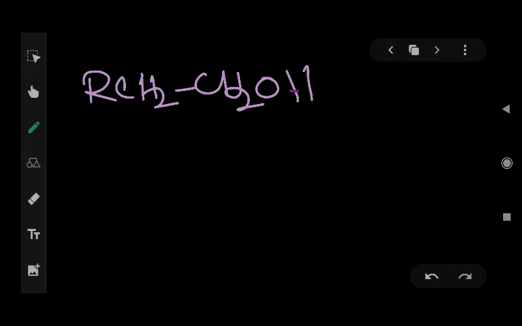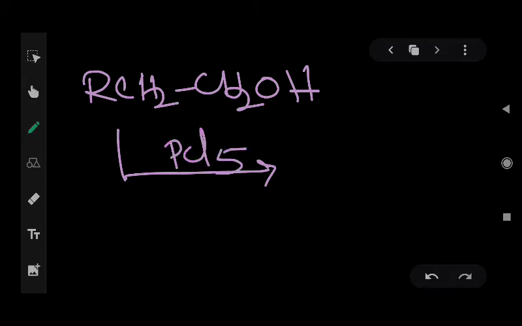Next, again this alcohol. What is the initial alcohol? How many carbons are there? Right now R is there, that's why it is a generalization. We can't give a name to this compound, because R can be substituted by any alkyl group.